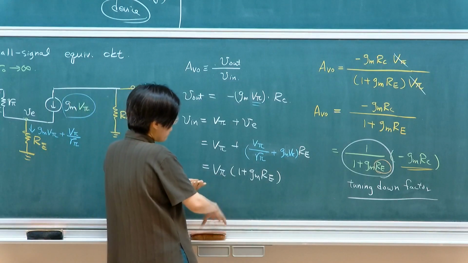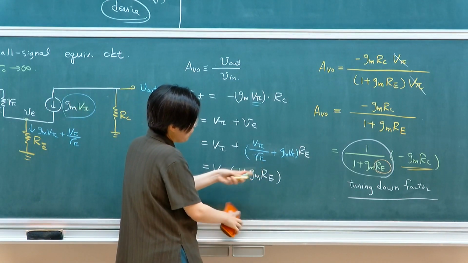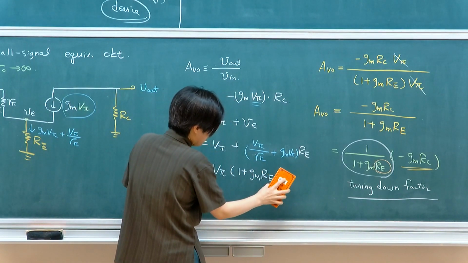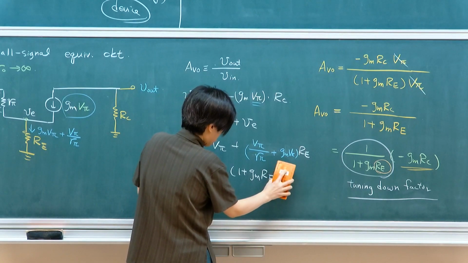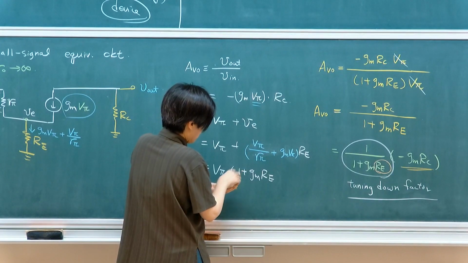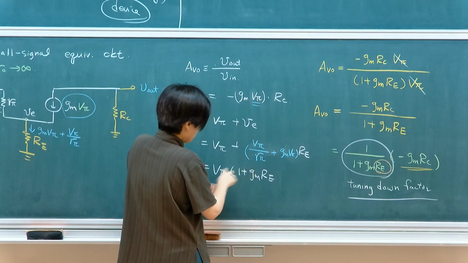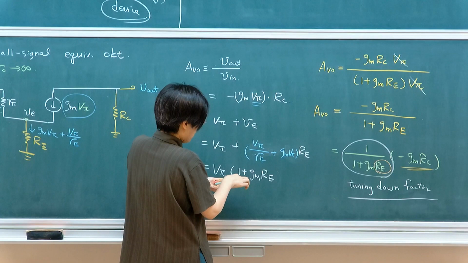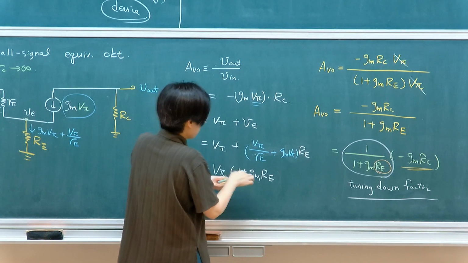Okay? So if you look at this equation, you're going to add this particular term. So we're going to add, let me see. I'm taking out V pi, so okay.